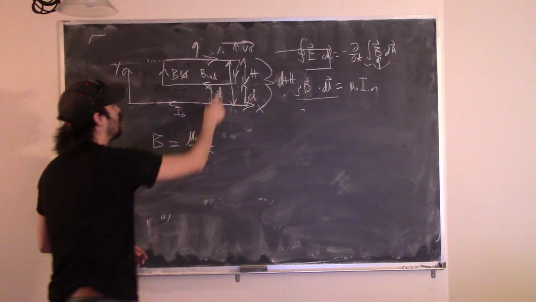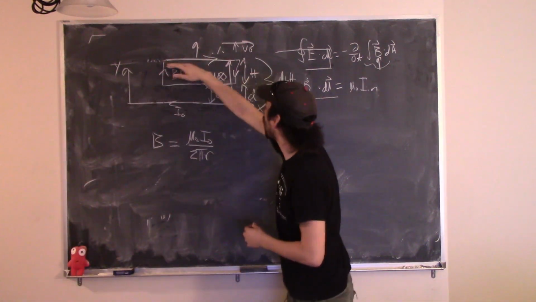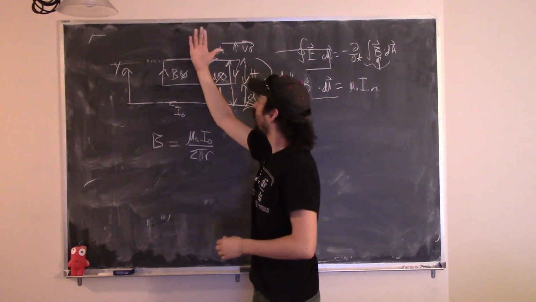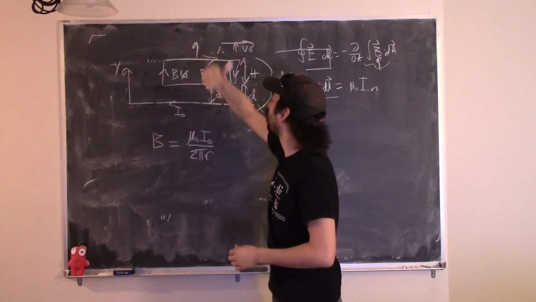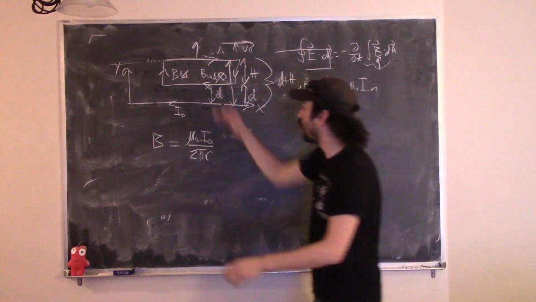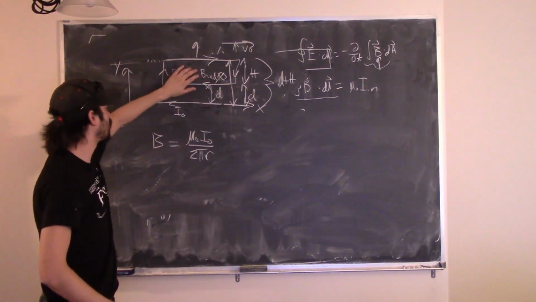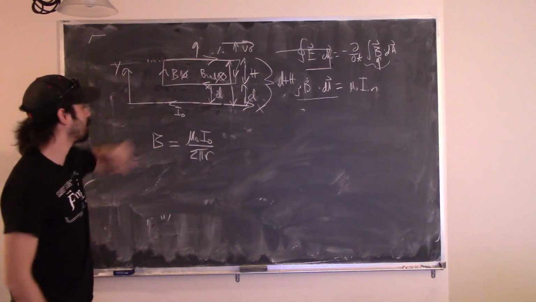And we can see why that is, because if I point my thumb, let's look at the top element right here, in the direction of the current and curl in the direction of the magnetic field, that's going to give me a magnetic field that points in. And because we're losing the magnetic field that points in as I move this away, that's going to be recovering the magnetic field that I lost, in a sense, to get the current to go around this way.